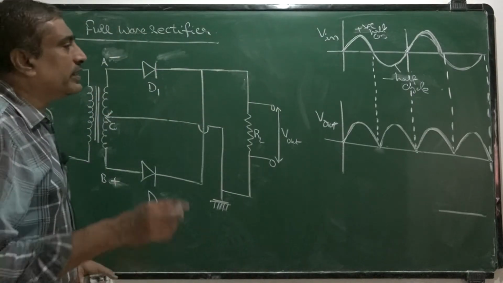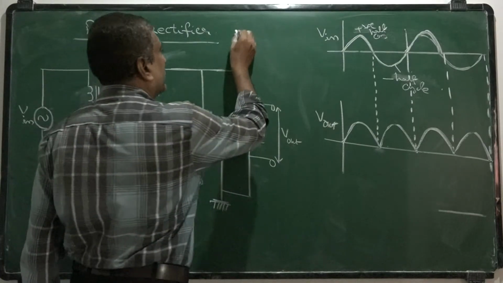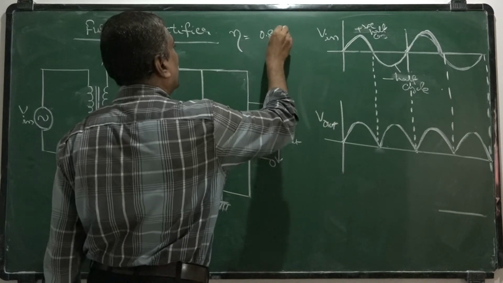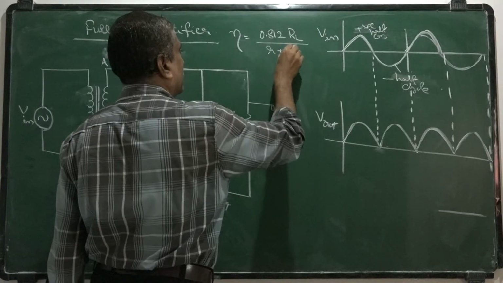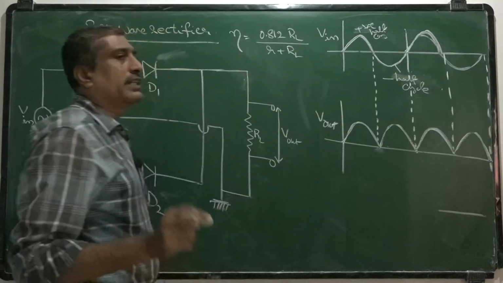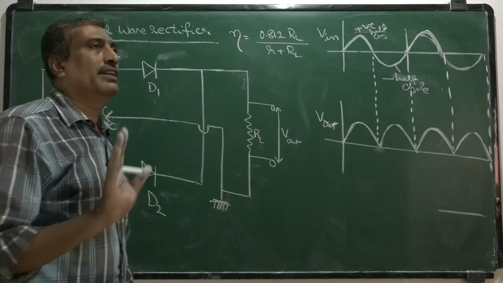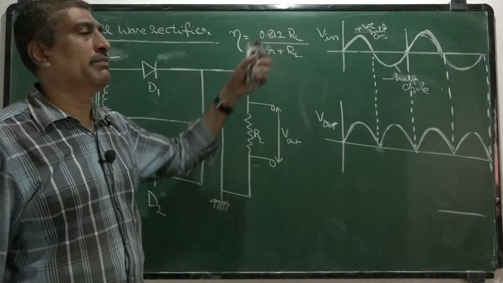Now the efficiency of the full wave rectifier is given by 0.812 RL by r plus RL. That means it converts 80% of the alternating current into direct current, so its efficiency is about 81%.